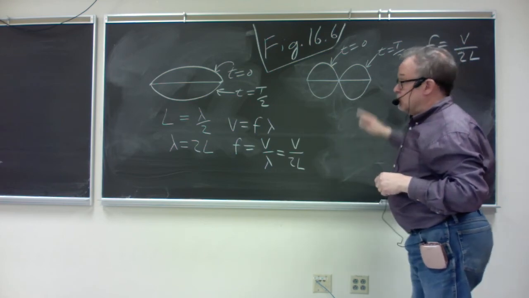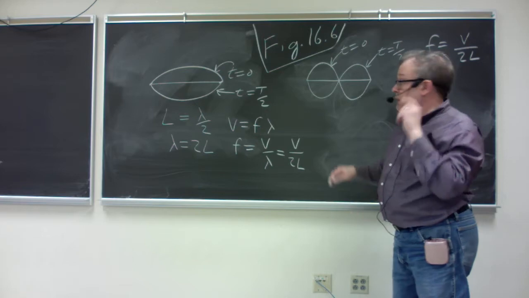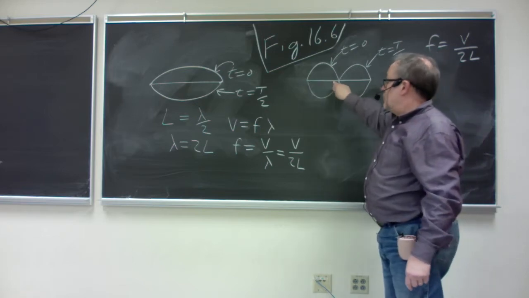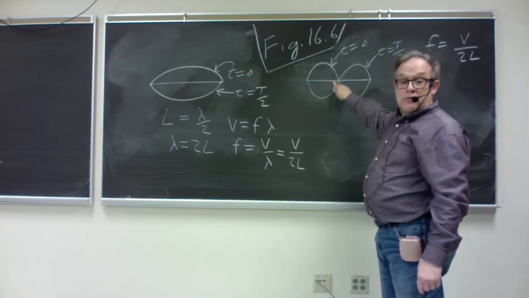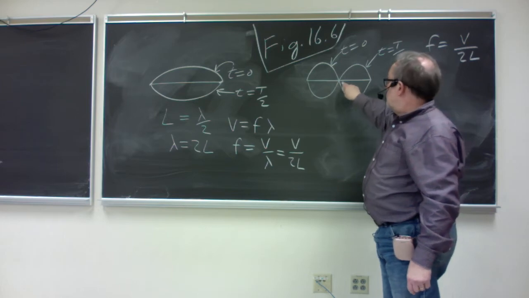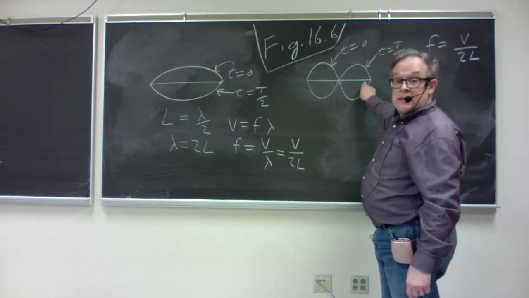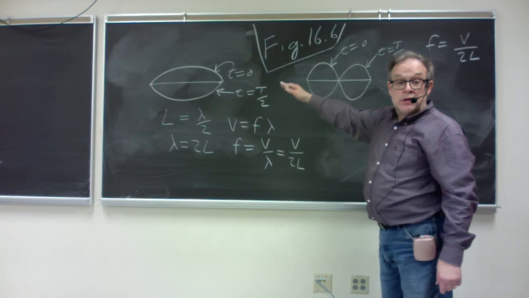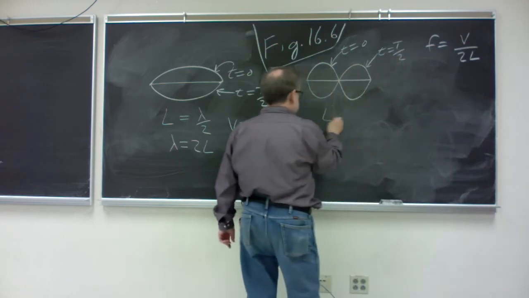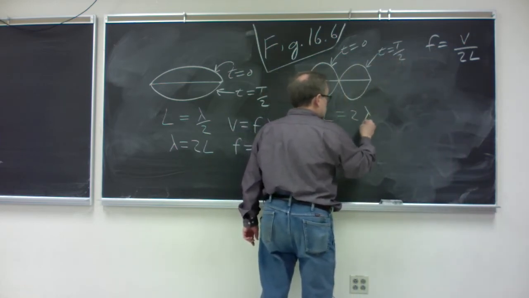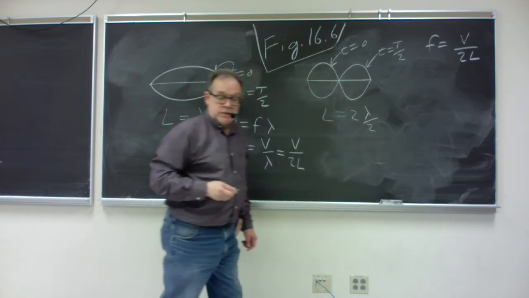Let's go through the same procedure here as we did here. Node to node, that's half a wavelength. Node to node, that's a second half wavelength. So the entire string length is equal to 2 half wavelengths.